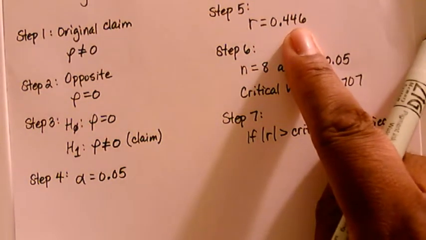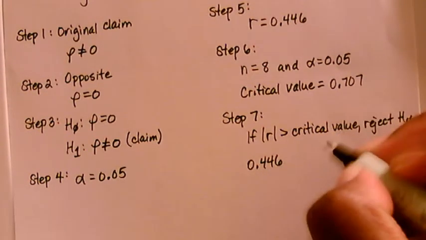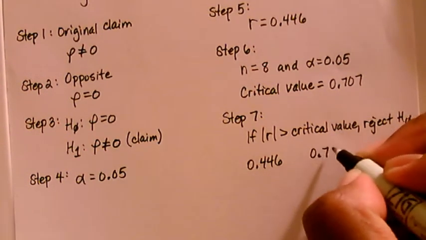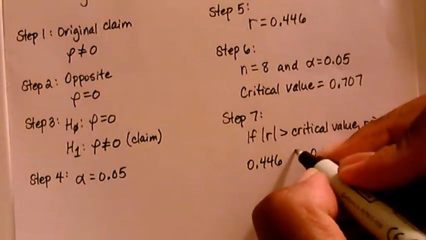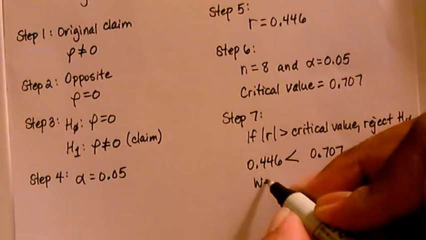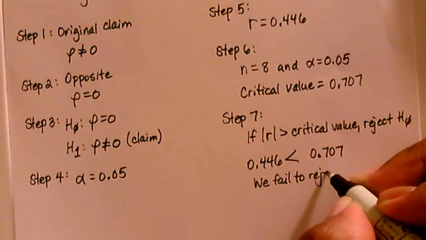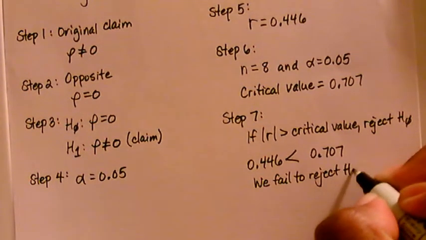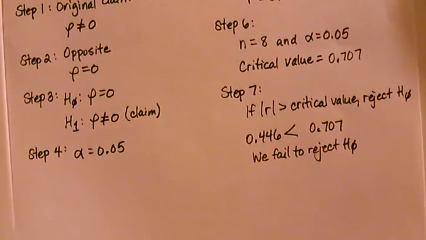Here, the absolute value of 0.446 is 0.446. And then we compare that to the critical value of 0.707. In this case, 0.446 is less than 0.707. This does not satisfy our decision rule, so that means we fail to reject the null hypothesis.